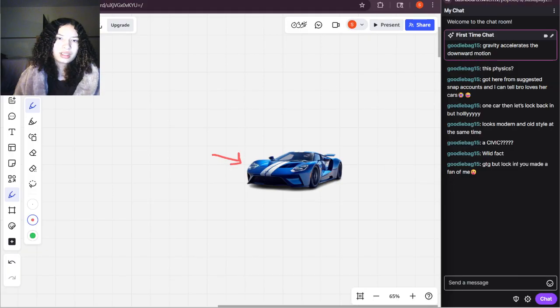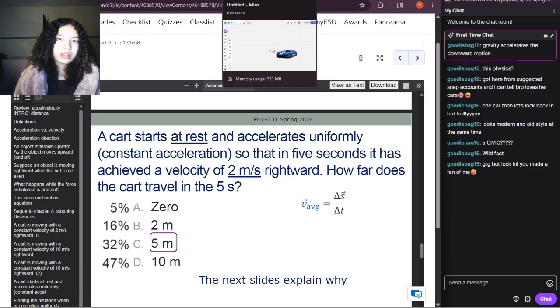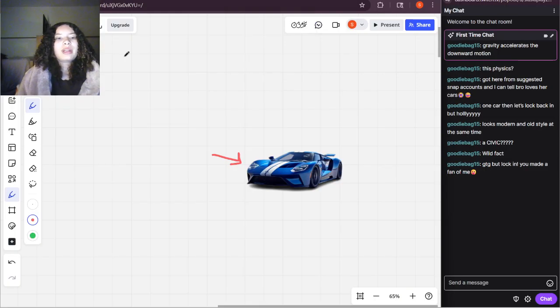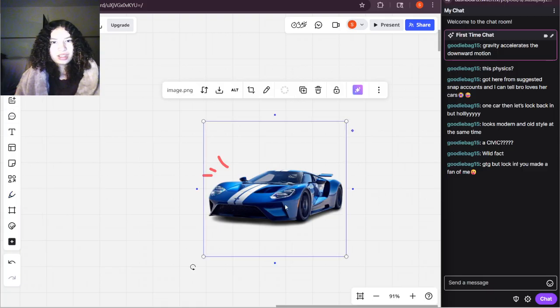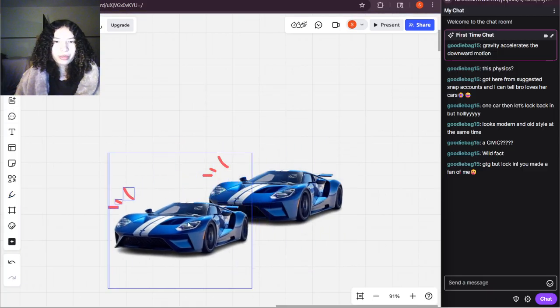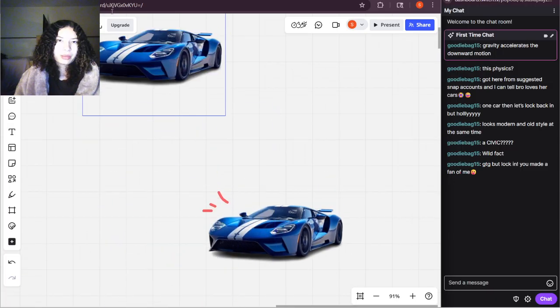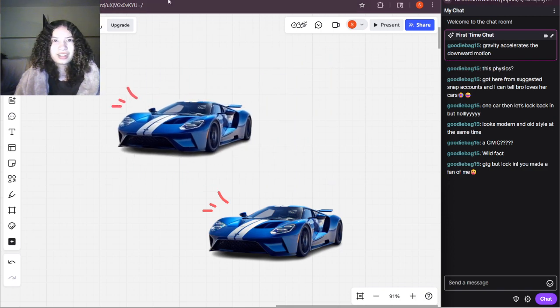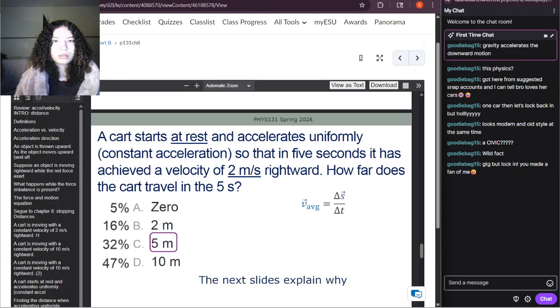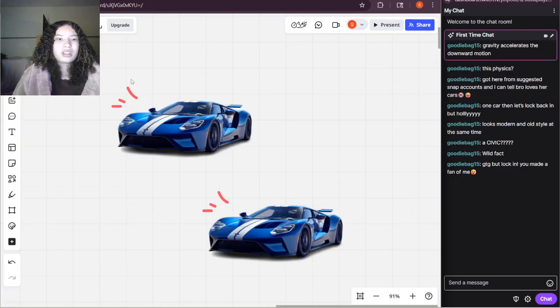All right. So, a cart starts at rest. Okay, our cart is at rest. It's doing nothing because it's super cool and it doesn't need to do anything. I would be very happy if this cart was at rest because I would take a picture of it, because I have never seen a Ford GT. Okay, and now it accelerates uniformly.